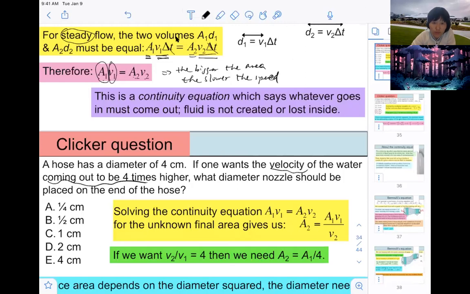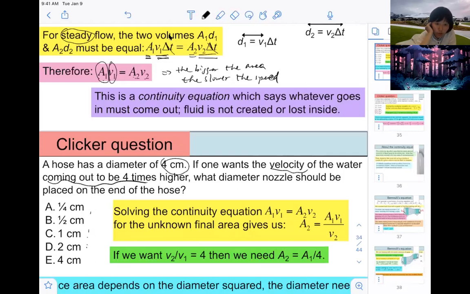Yes, very good. Thank you all for those who are answering the question. Yes, it's going to be smaller, right? The diameter before was 4 centimeters, and you want to make it narrower. That kind of limits you to some of these choices, right? Okay, so if the velocity is 4 times higher, which means the area would be 4 times smaller, right?